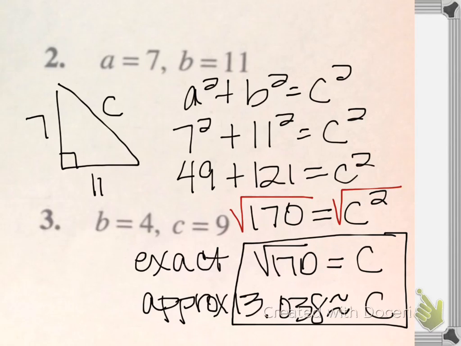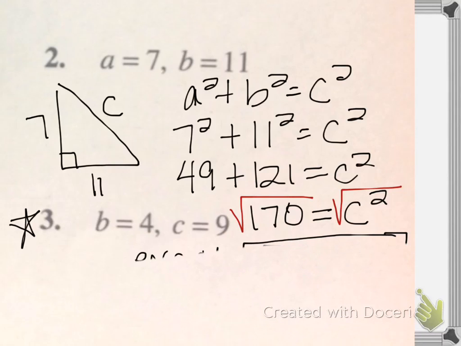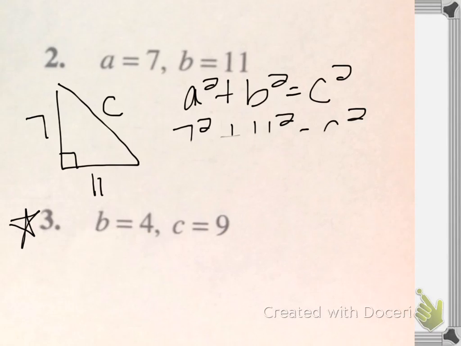Now let's look at number 3 here, where it has b equals 4 and c equals 9. How will that differ from the problem that we just solved? Let's back all this up and revisit our triangle. This triangle has b is 4, so we don't know a, and c is 9.